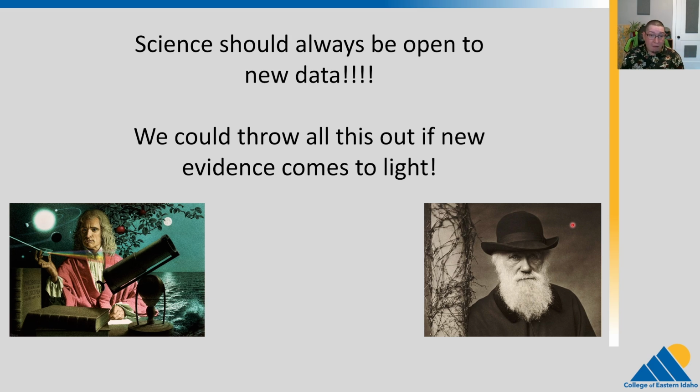Because if new evidence came to light that suddenly gravity doesn't work anymore, we'd have to throw that theory out, right? It's very unlikely that's going to happen, but we have to be open to that as scientists. So that is the philosophical reason we use the term theory, and we don't say the word prove here. Mathematicians can prove things when they write out mathematical proofs. We support hypotheses in science.